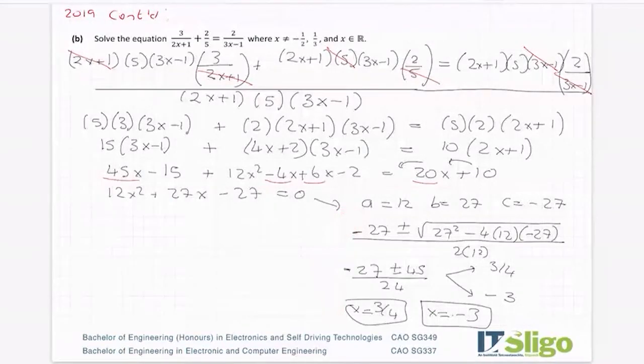Okay, if you are good at factorizing, you could divide across by 3 here and get 4x squared plus 9x minus 9 is equal to 0. Then factorize. 4 3s are 12.